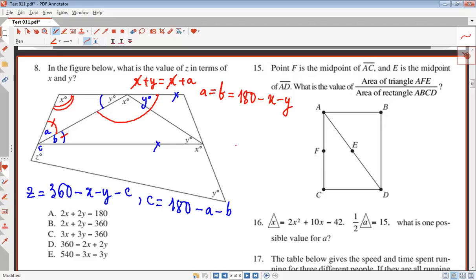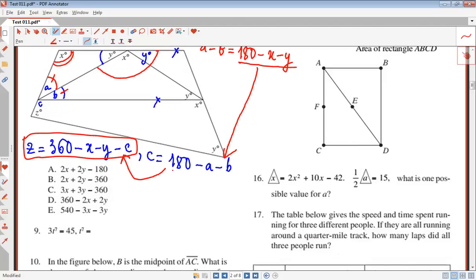And we just substitute this to this expression, and the final step we put it into this equation. Hence we have C equal to 180, subtract angle A, angle B, this is 180, subtract x, subtract y.